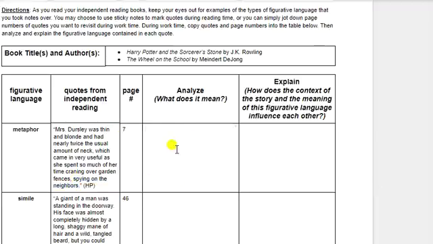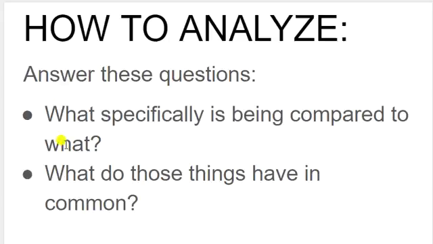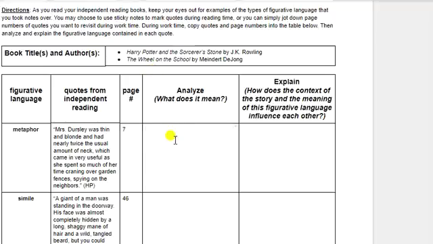And now here's where I analyze it. What does it mean? This is exactly where these questions are going to come into play. I'm going to answer these questions. What's compared to what? And what do those things have in common? So here I would say Mrs. Dursley is described as a crane, which is a type of long-necked bird.